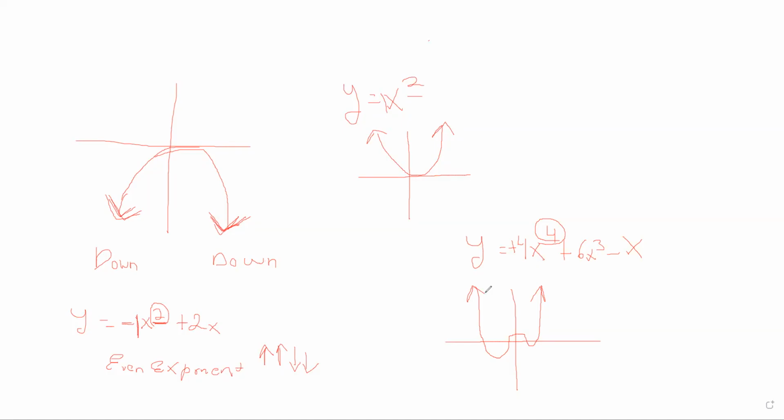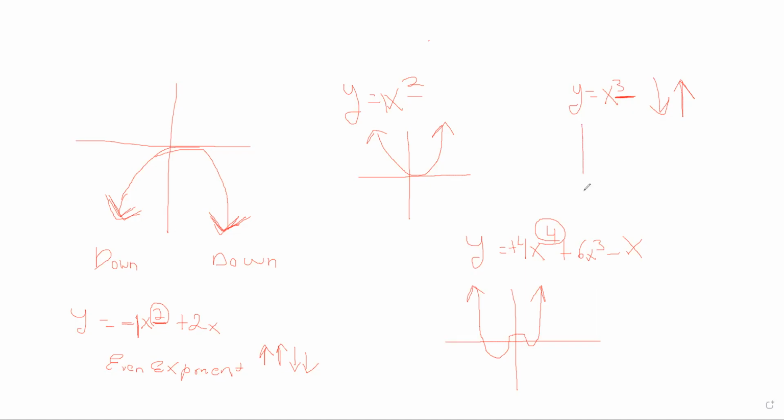Now let's say we have a cubic function, y equals x cubed. This is an odd exponent, which means one end of the graph is going to be down or up, and the other end is going to be either down or up. Now, how do we know which is which?